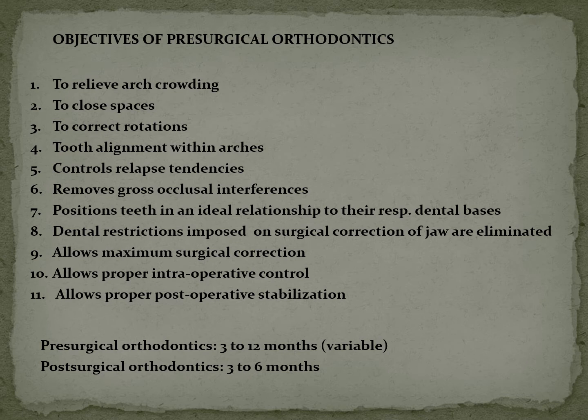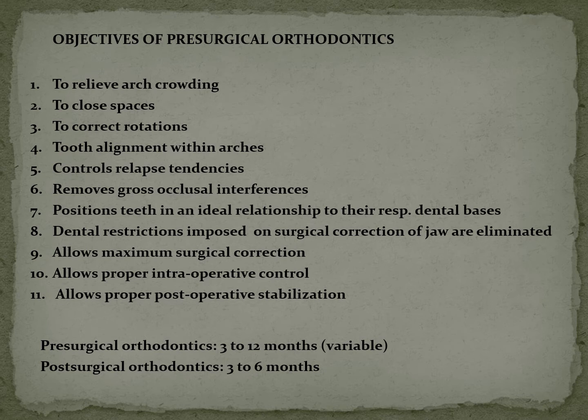Dental compensation is eliminated when surgical corrections of the jaw are done, for maximum surgical correction, proper intra-operative control, and proper post-operative stabilization. So pre-surgical orthodontics they will do for 3 to 12 months, depending on the case. Post-surgical orthodontics will be done for 3 to 6 months.